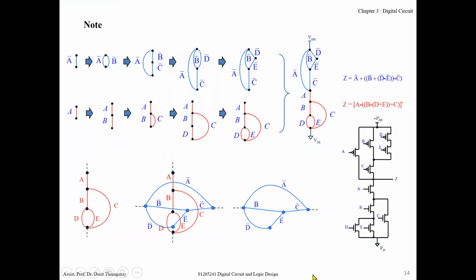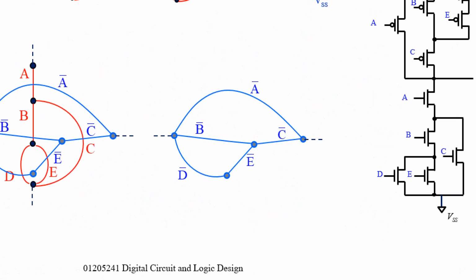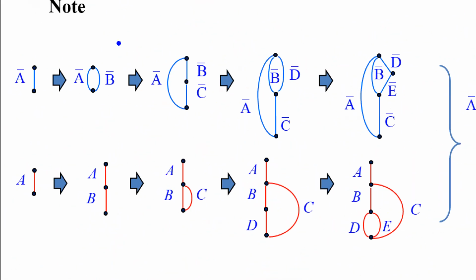Okay, to the design. If you want to design the circuit, actually you can design it very easily. For example, I start with 2 switches, active low and active high, A bar, B. If I add B parallel to A, the lower part must be series.